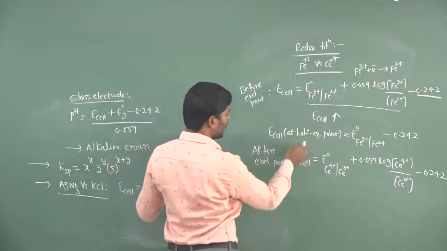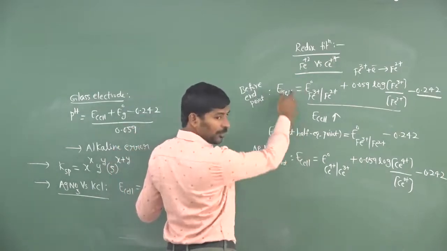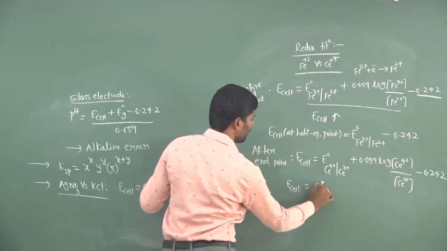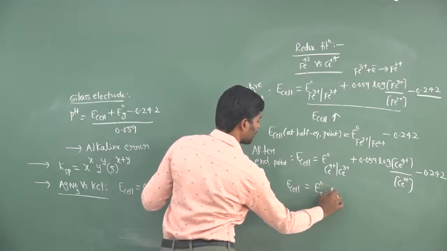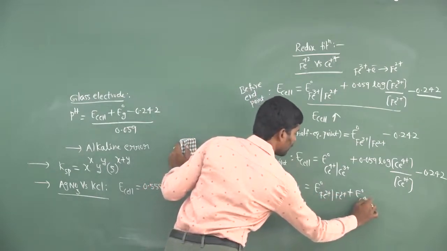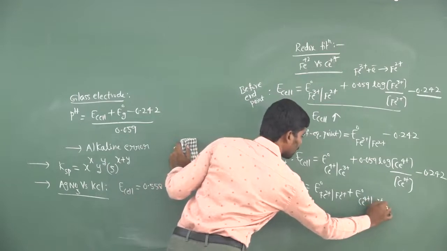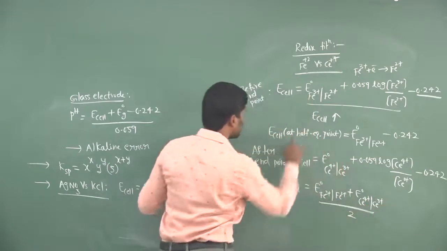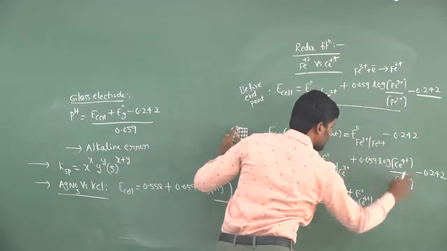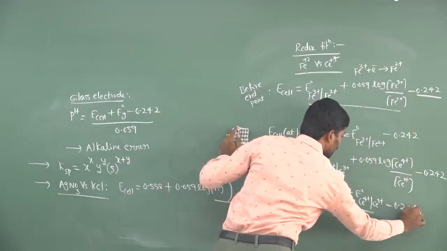Right. Now at equivalence point both will become the same. If you add these two, finally we get: E cell is equal to E0 Fe3+/Fe2+ plus E0 cerium 4+/3+ by 2. We add these two and so this term gets cancelled, and minus 0.242.